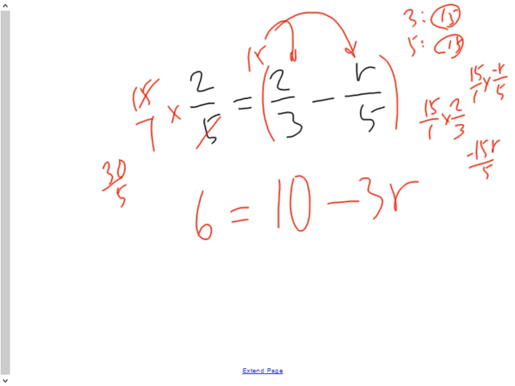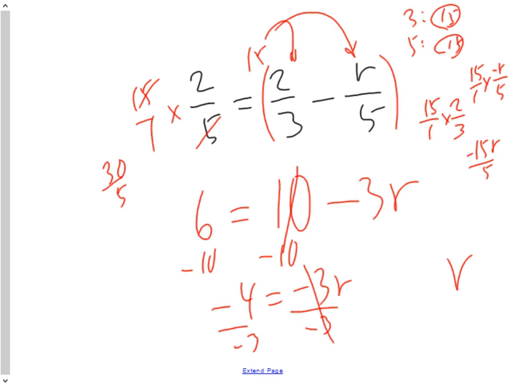So by multiplying both sides by 15, I've created a much simpler algebraic equation. Solve, and r will equal 1 1/3. Positive 1 1/3, or 4/3, or if you want to keep it as a decimal, 1.3 repeating.